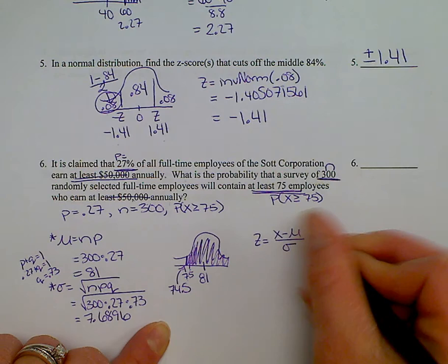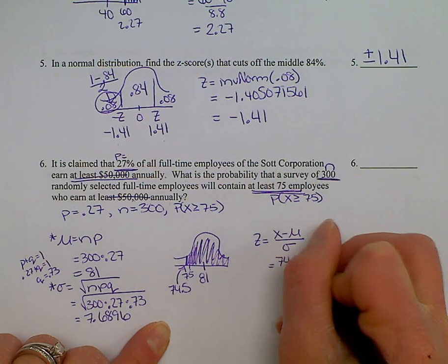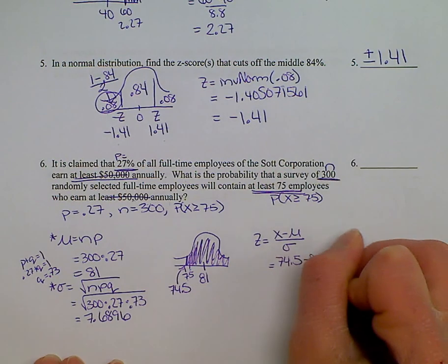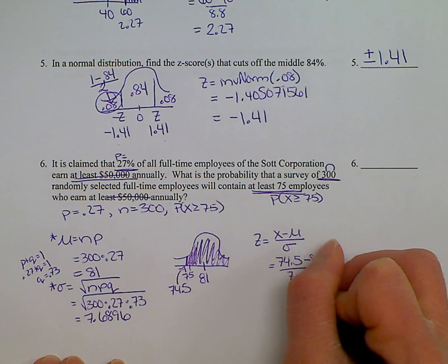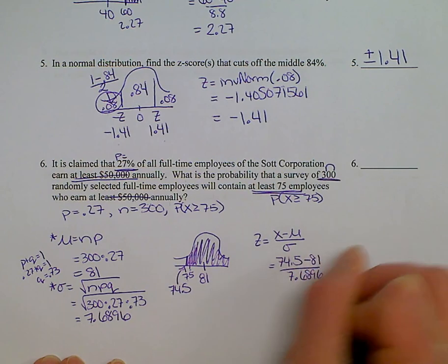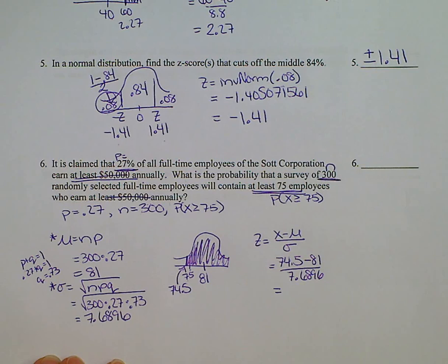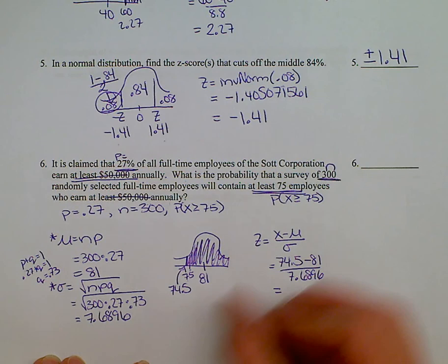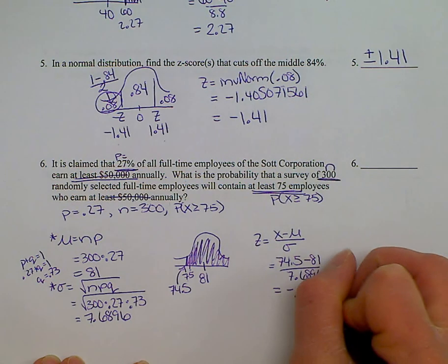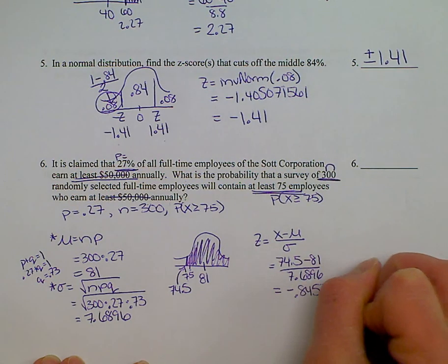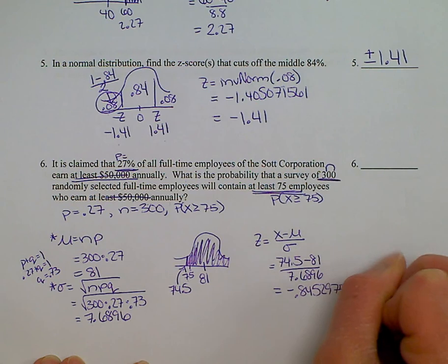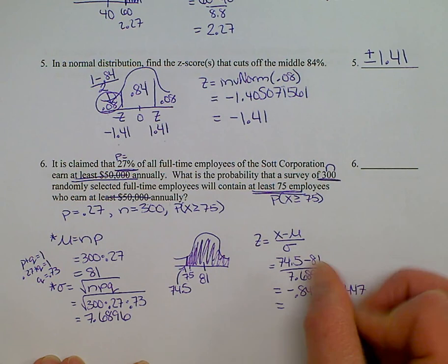So x is 74.5, our mean was 81, our standard deviation, 7.6896. So when we calculate our z-score, we're going to end up with negative 0.845297547, which is about negative 0.85.